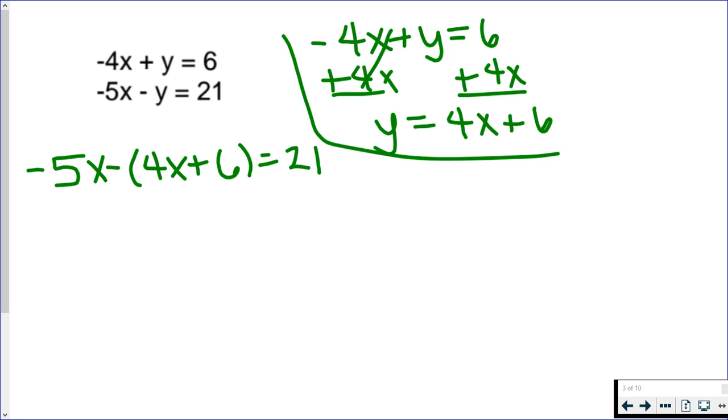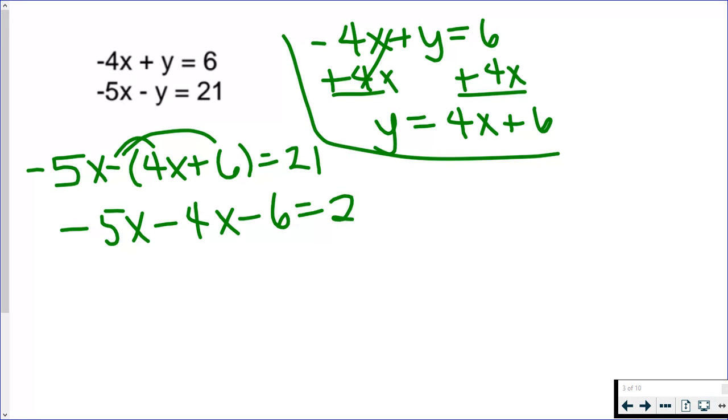If you do not put 4x plus 6 in parentheses, you are going to get this wrong because you have to subtract the entire 4x plus 6, meaning my next step is going to be to distribute that negative sign. So we actually have minus 4x minus 6 now.